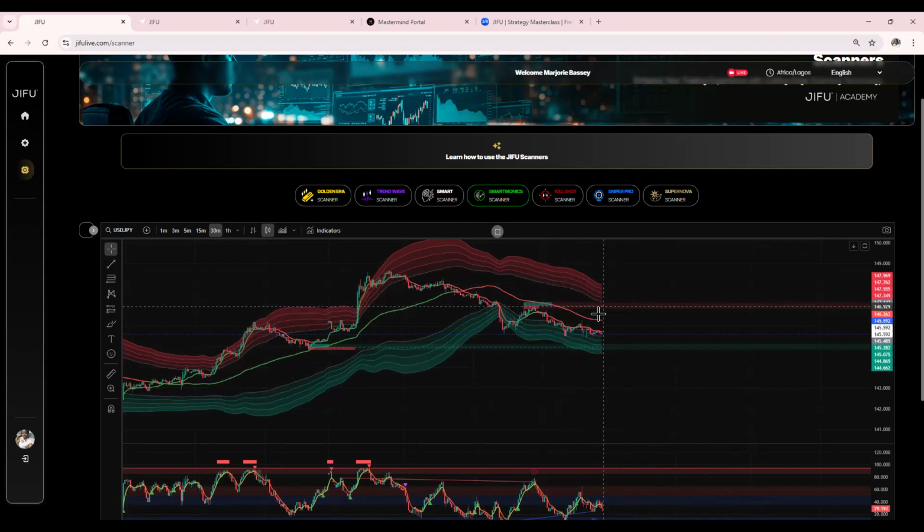The red is the sell side liquidity, the green is the buy side liquidity, right? So if you're selling the market, these are the things that Smartmonics is checking out before it sends a trade idea.